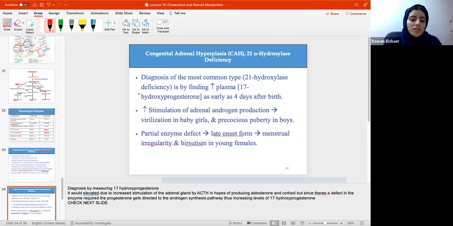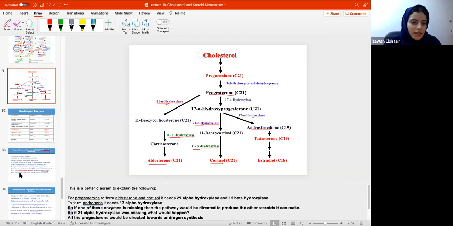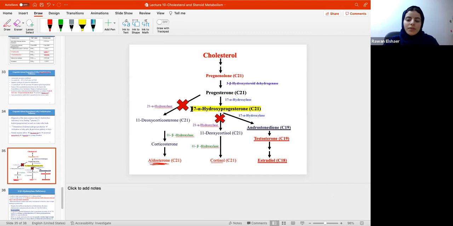So, diagnosis. This is important. How do they diagnose it? They look at the levels of this. I want to go to the picture. Yes, this one. That's why I highlighted this, because you're going to have a high level of this since this pathway is blocked. You're going to have a lot of 17 alpha hydroxyprogesterone because of this blockage.